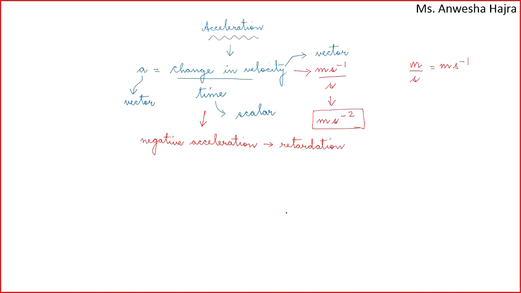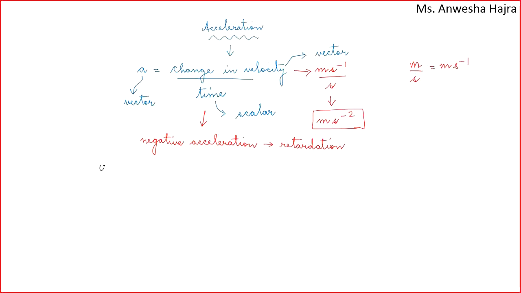Now these are the basic concepts which we will be needing, and this you have done before also. Let's do one or two basic sums, and then we'll move on to graphical representation. Let me take a sum.